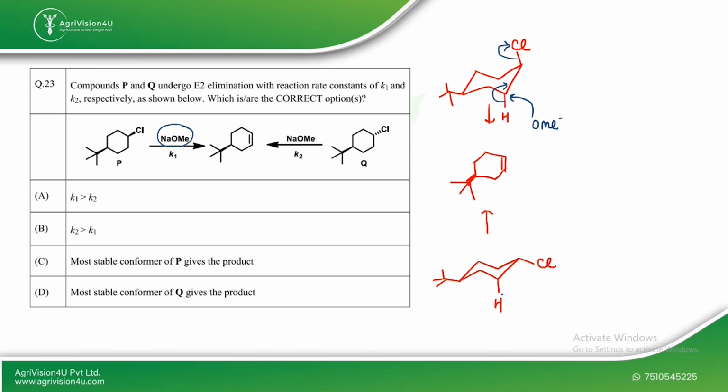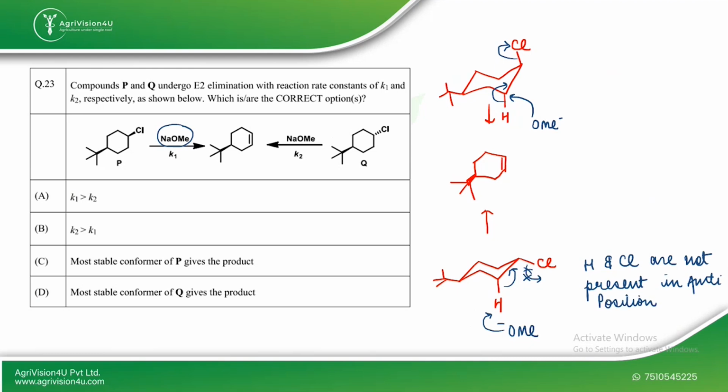But if we talk about this process, again here the OMe minus molecule will come, it will take the hydrogen atom. If the hydrogen atom donates here, then the removal of this will be a very difficult process. Because here the hydrogen and chlorine are not present in the anti position.